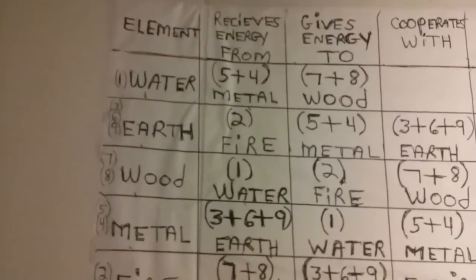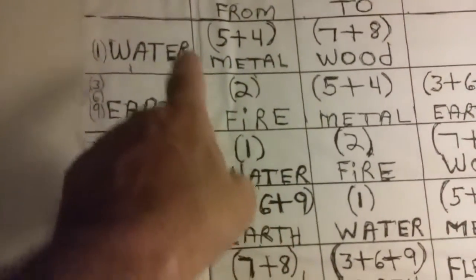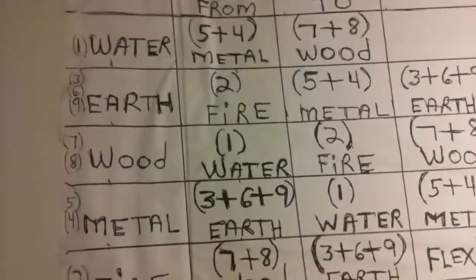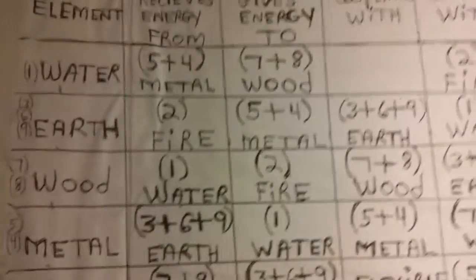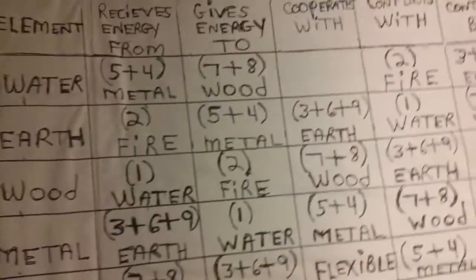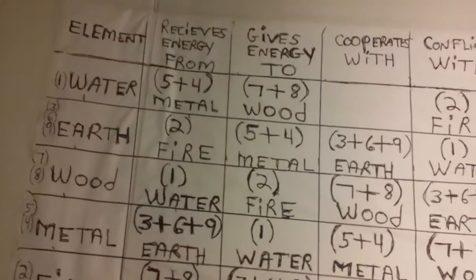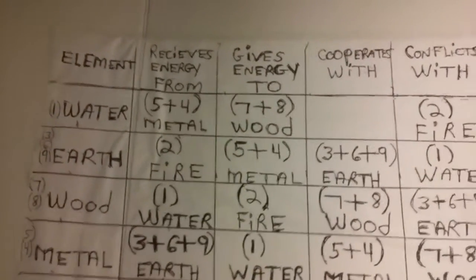Now, with wood, it receives energy from water, which I was saying right here. And it gives energy to fire. If you put wood on a fire, it gets energy.